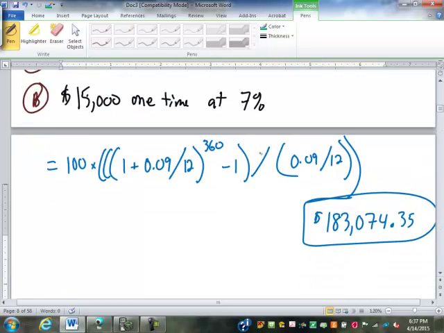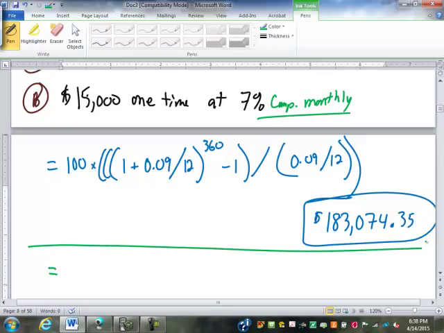How do we do the 7%? I should put a compounded monthly here. Have to have a compounding factor on that to make it work. So how do we do the $15,000 one-time payment at 7% compounded monthly? Well, this is just a future value problem from last week, a compound interest future value. It's just going to be 15,000 times, parentheses, 1 plus 0.07 divided by 12 to the power of 360.